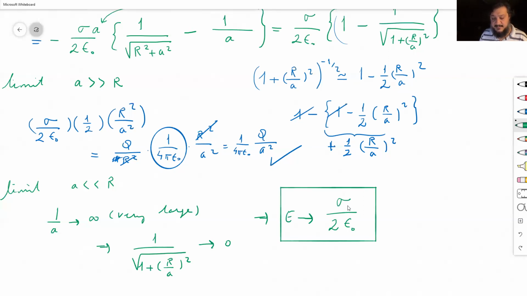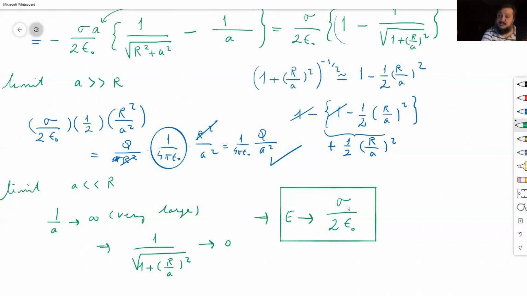It's a constant. So it doesn't really matter if it was a disk or a rectangular plate, right? It could be any shape. If you're so close to the object, the electric field has nothing to do with the outer boundaries.